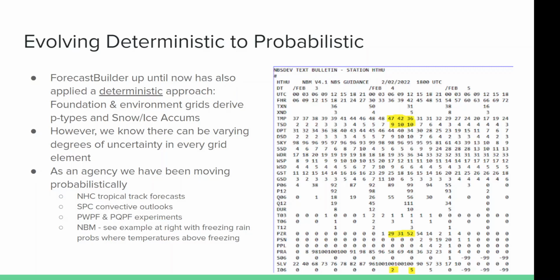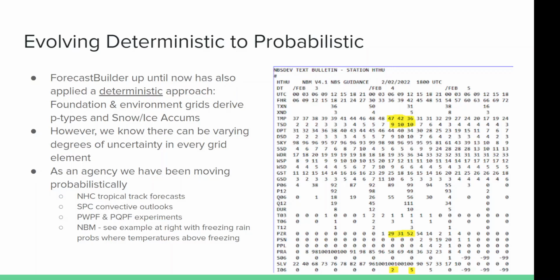ForecastBuilder, following a deterministic approach, would take those single values and then help derive things like snow and ice accumulations. However, as an agency, we're moving probabilistically, and a number of examples are shown here, like the NHC tropical track forecast, SPC outlooks, the probabilistic snow and probabilistic QPF experiments, and also the NBM, right?